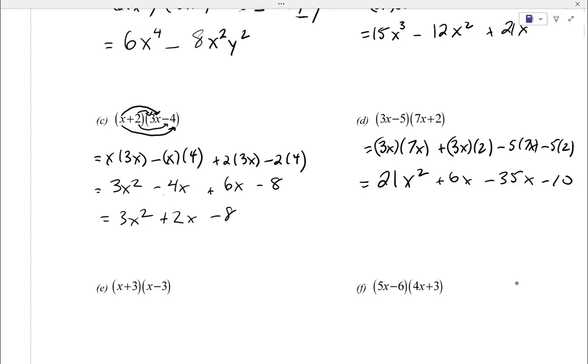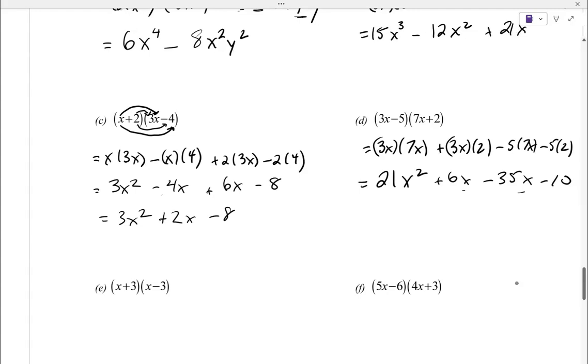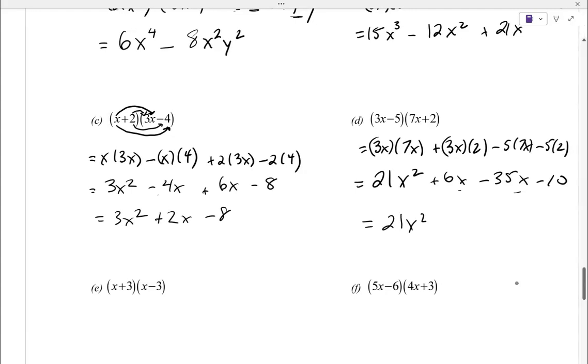The 6x and the negative 35x are like terms, right? So if we do a plus 6 and minus 35, we get negative 29. Good. That okay?